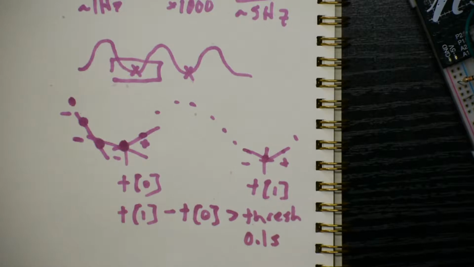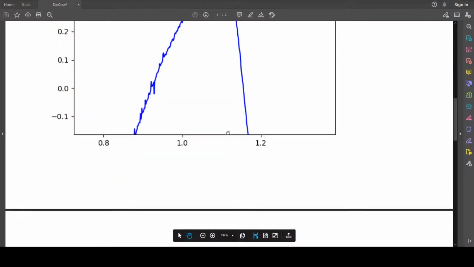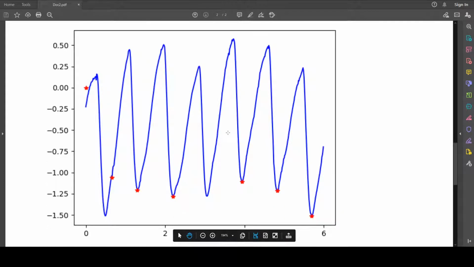Let's go back to the data again. So here's my algorithm having run. I was looking for data points where the sign of the transition went from negative to positive. I had to seed my initial value with an initial data point.